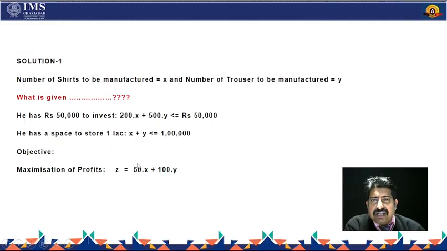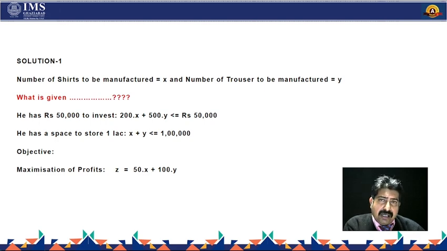And what does one shirt cost to manufacture? Rupees 200. And a trouser? 500. So 200 multiplied by X, where X is the number of shirts, is the amount you have to keep aside for manufacturing shirts. One trouser costs rupees 500, so for Y units you have to keep aside 500Y.